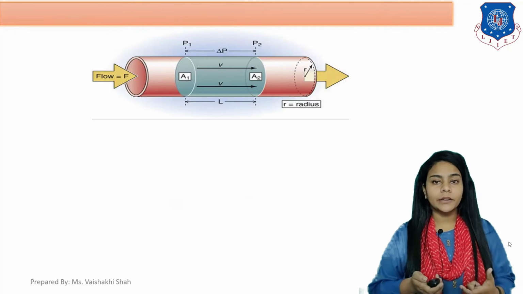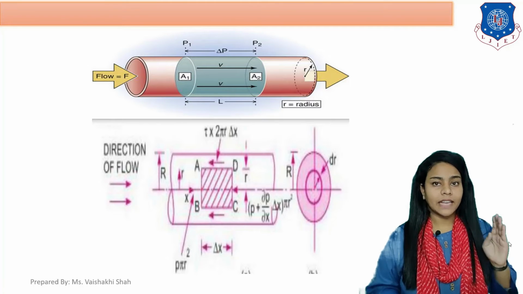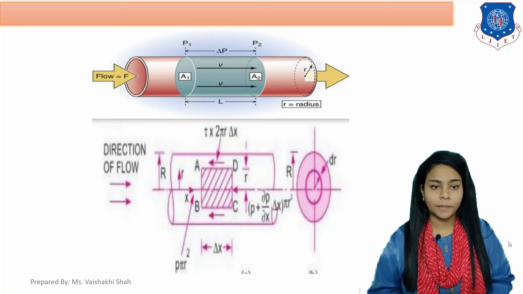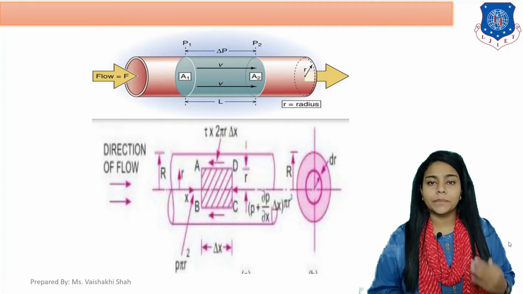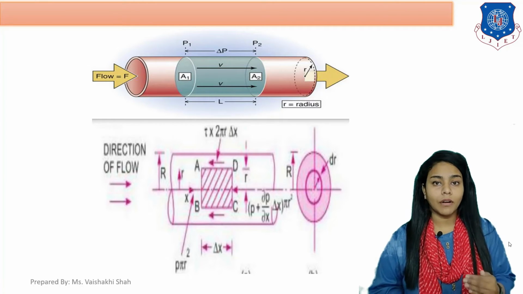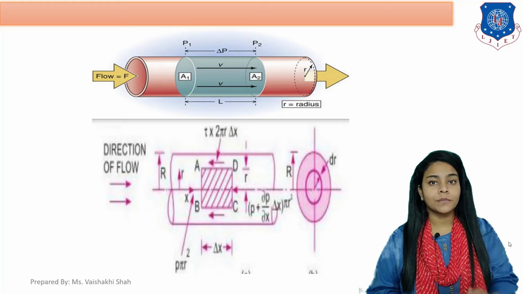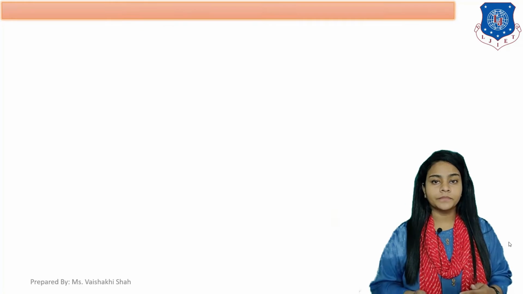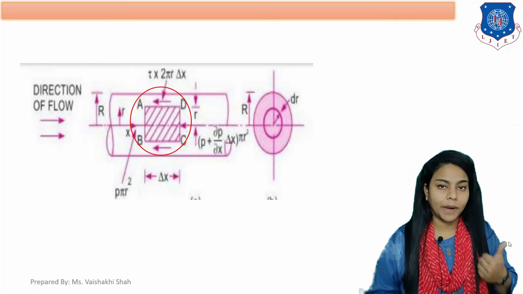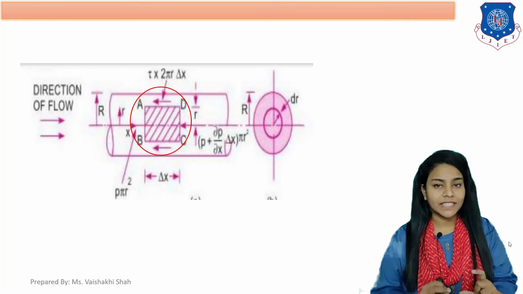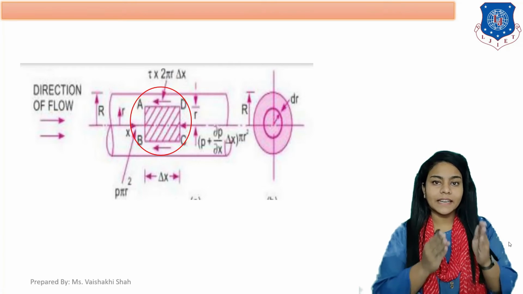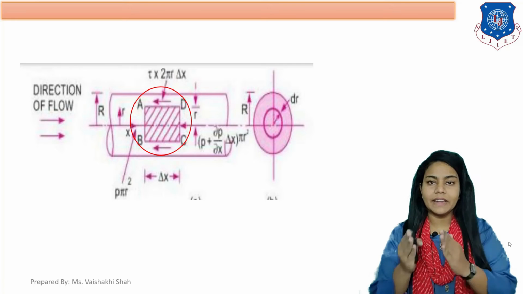You can clearly identify these dimensions in the figure. The highlighted part is the element which we selected, and the element is A, B, C and D.